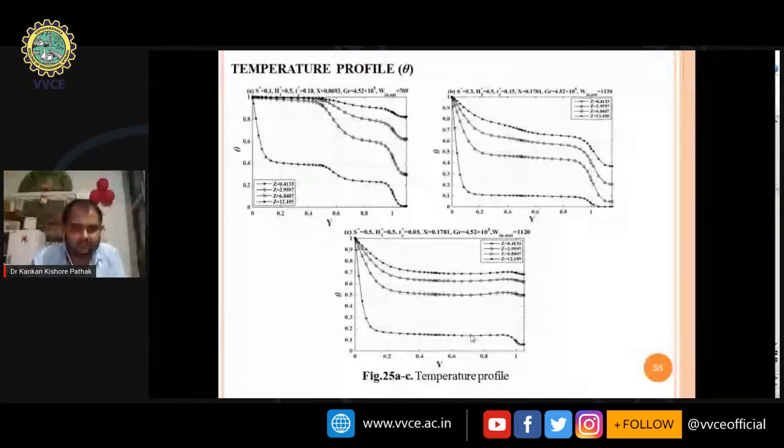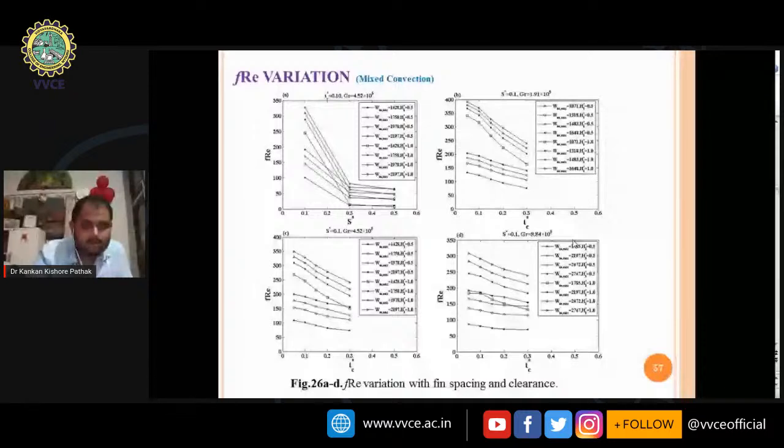Similarly for 0.3 and 0.5 also, but the fully developed values are obtained near the outlet. At the initial condition, it is nearly the base plate temperature, in the very first section or the inlet sections.